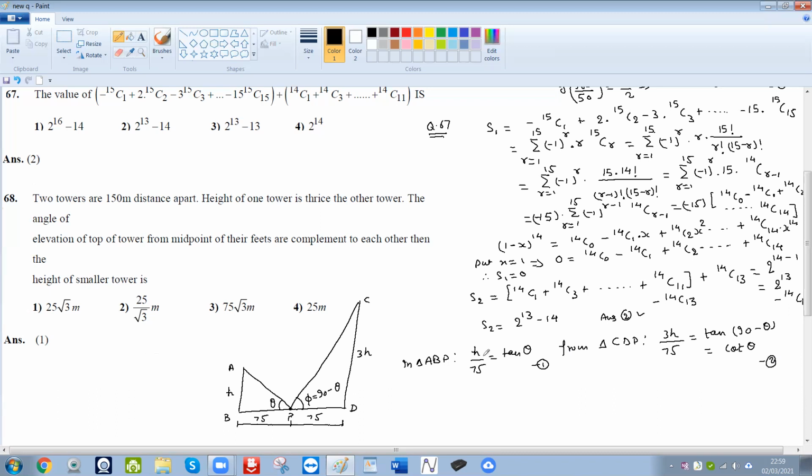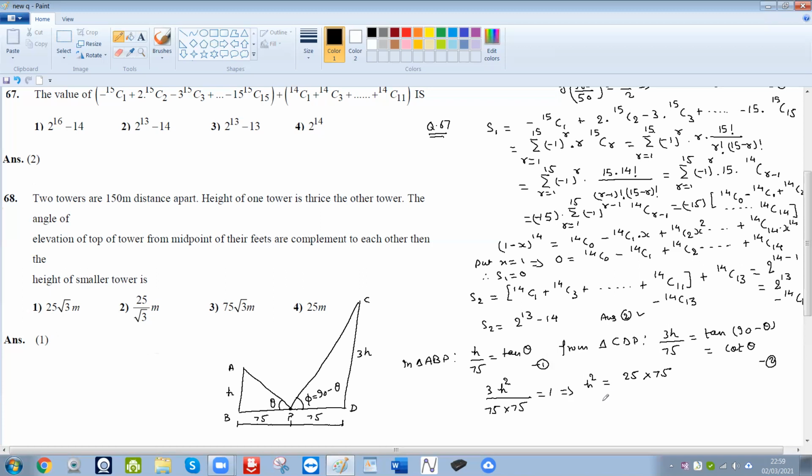So if I multiply these two relationships, I will get h square upon 75 into 75 as 1. So h square is 25 into 75.